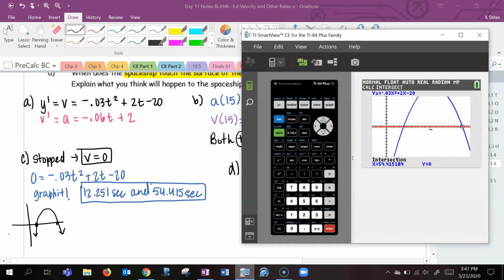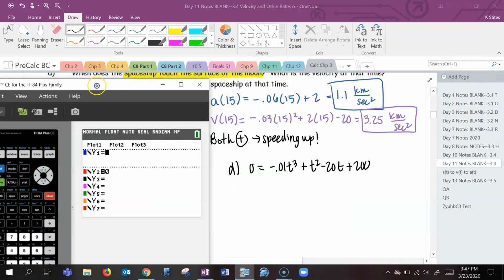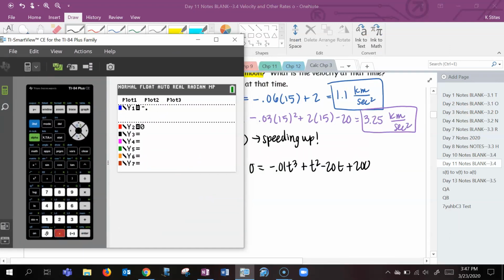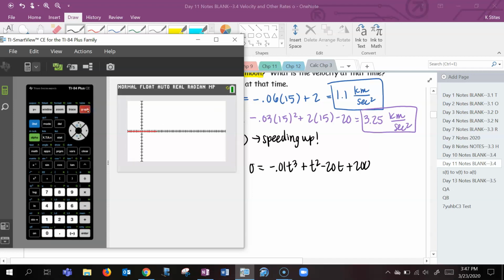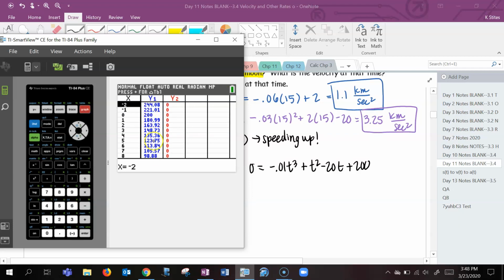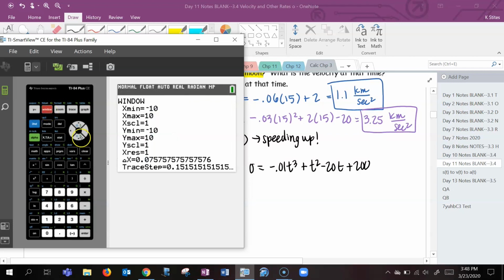Okay, so depending on the question, you're going to have to graph different things, or different functions, I should say. Okay, I think I typed that in right. Let's do a zoom 6. Okay, let's look at our table. Alright, so our values are super high up, so I need to change my window big time.